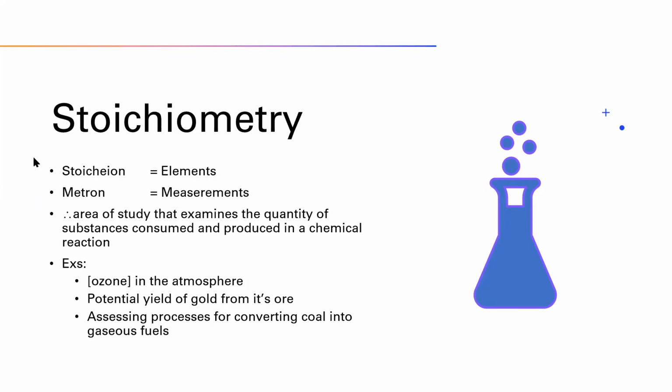Okay, then we will enter stoichiometry. Stoichiometry comes from the Greek words stoichion, which means elements, and metron, which means measurement. So stoichiometry is an area of study that examines the quantity of substances consumed and produced in a chemical reaction.